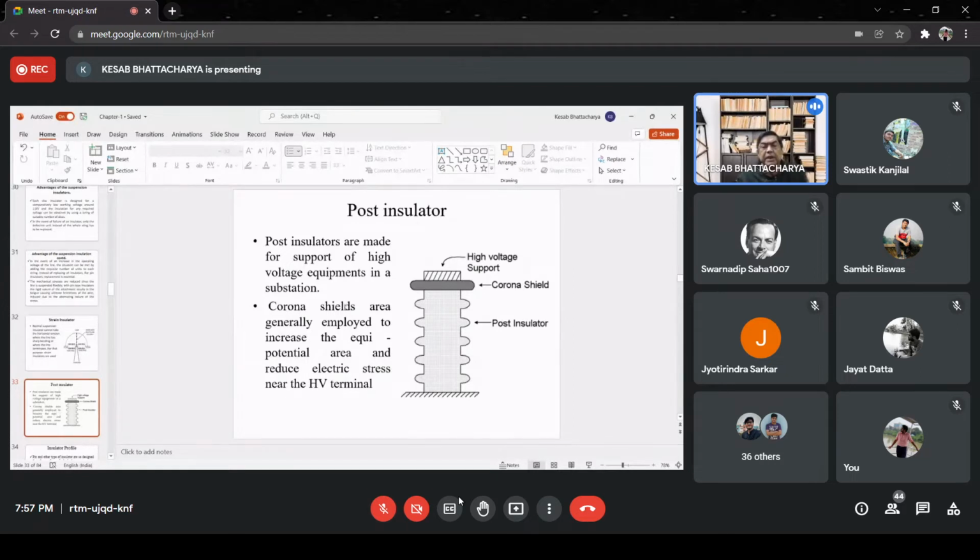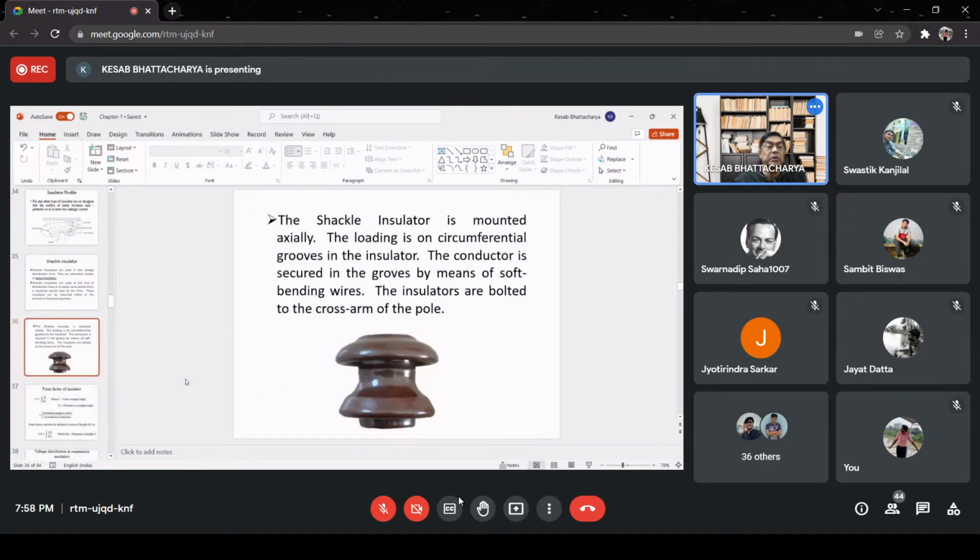It is also mentioned over here: corona shields are generally employed to increase the equipotential area and reduce the electric stress near the high voltage terminal. So do you understand this point? Why is a corona shield used? Yes, sir. Okay. Then let us discuss insulator profile.